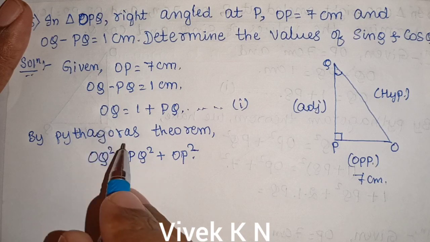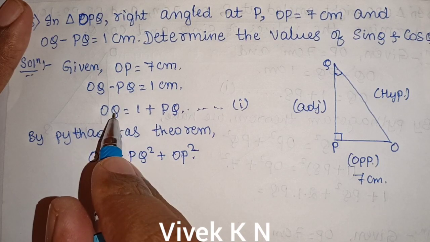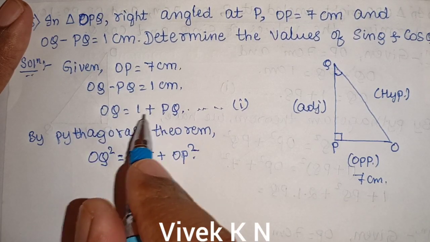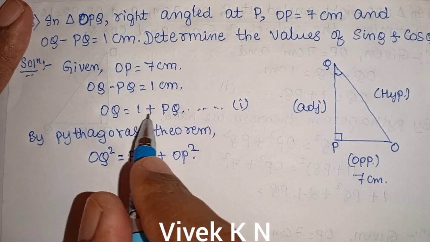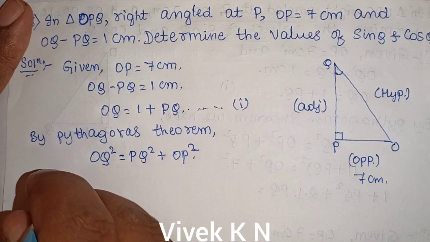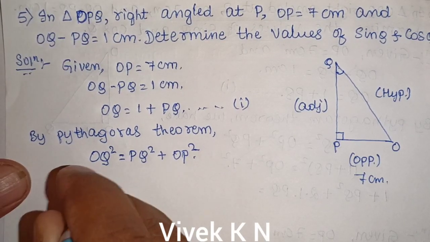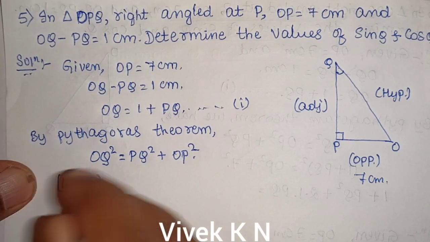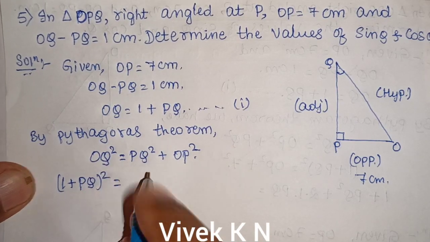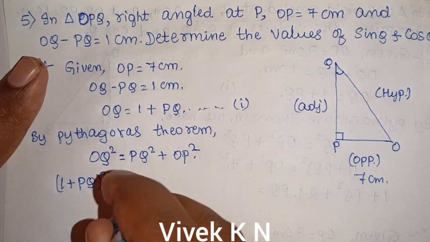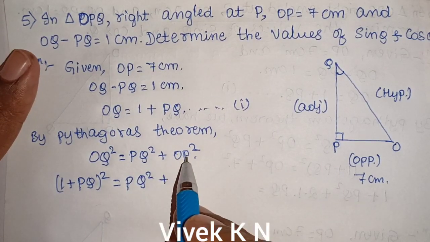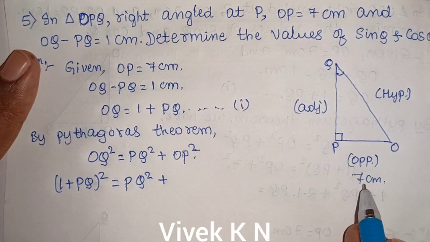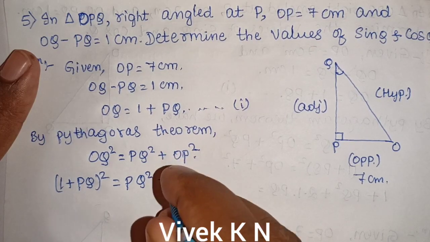Now we know that the value of OQ is 1 plus PQ. So let us substitute the value of OQ as 1 plus PQ. So (1 plus PQ) whole square is equal to PQ square plus the value of OP, 7 centimeter, that is 7 square.